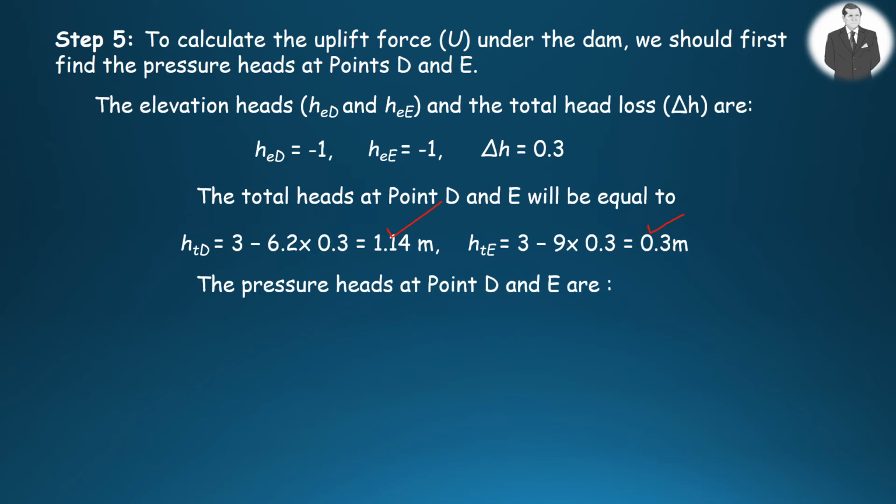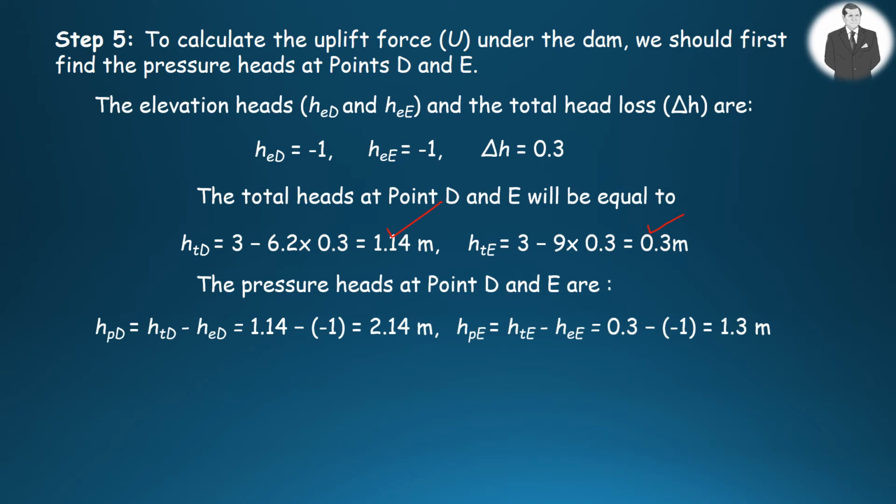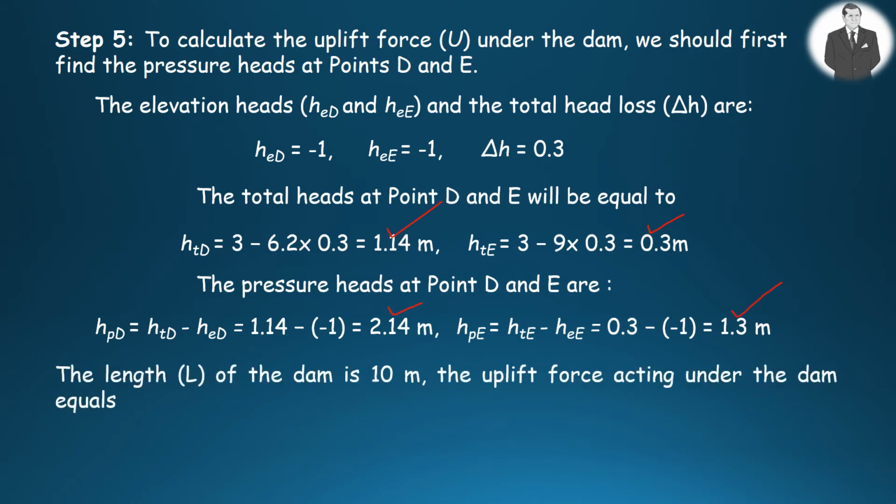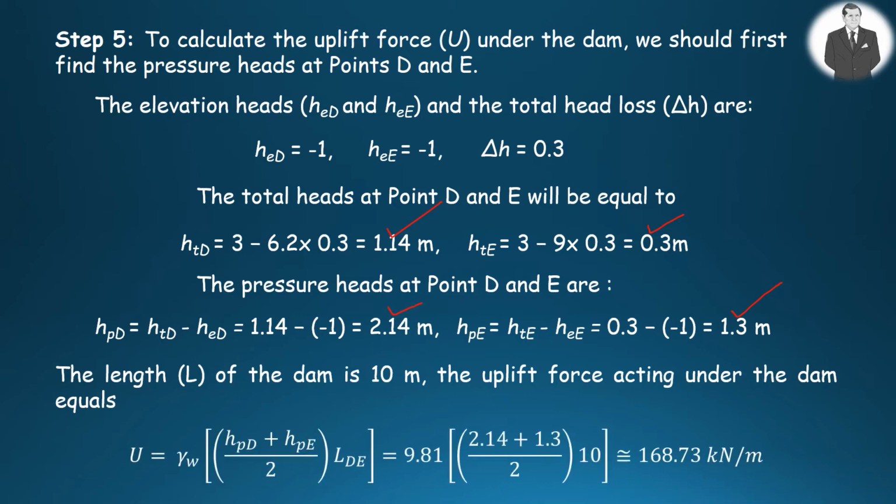Accordingly, the pressure heads at point D and E will be 2.40 meter and 1.3 meter. Since the length of the dam is 10 meter, the uplift force acting under the dam will be around 168.73 kilonewton per meter.